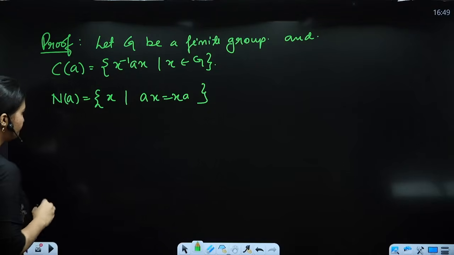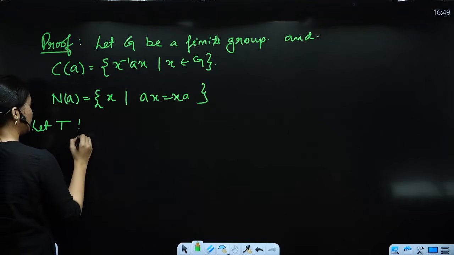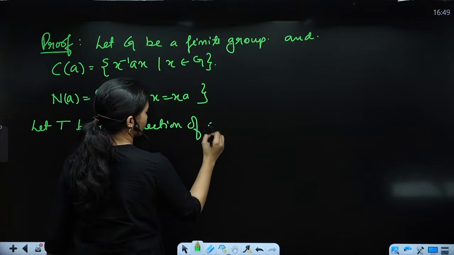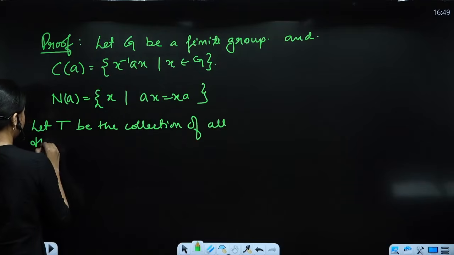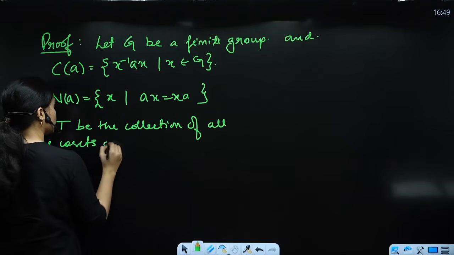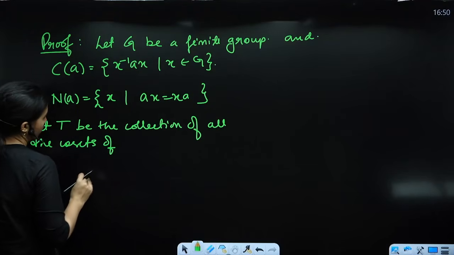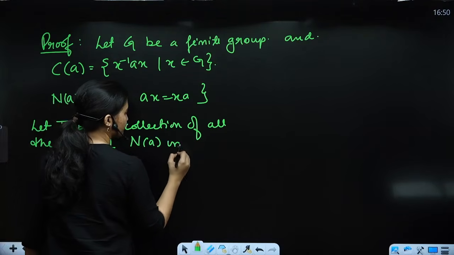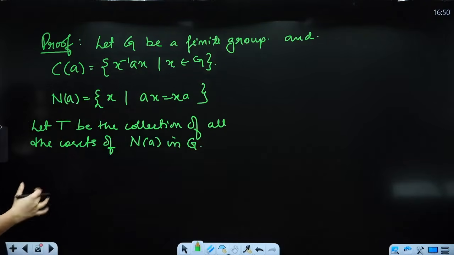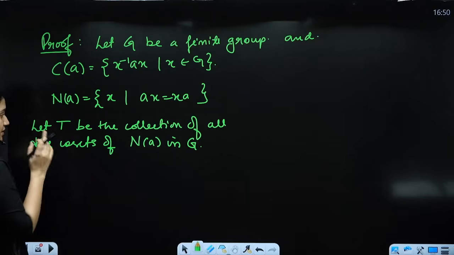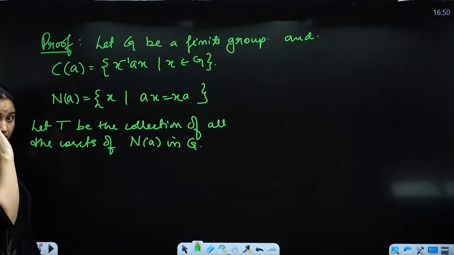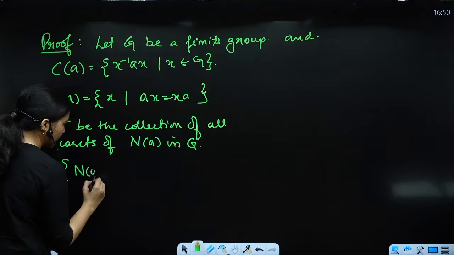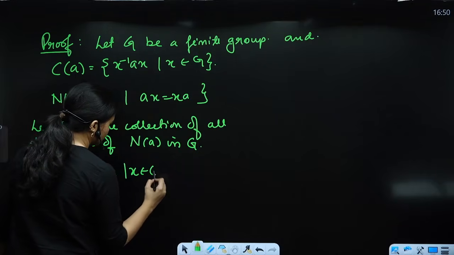Now let T be the collection of all the cosets of NA in G, right? The normalizer forms a group, and it is a normal subgroup. So that is why we are going to talk about the cosets here, right? So this implies that T equals NA x, where x belongs to G, okay?